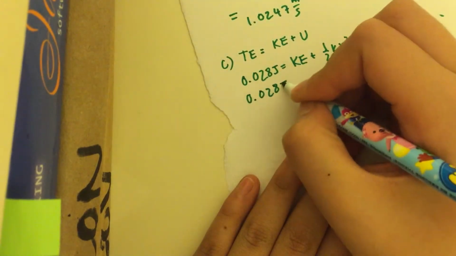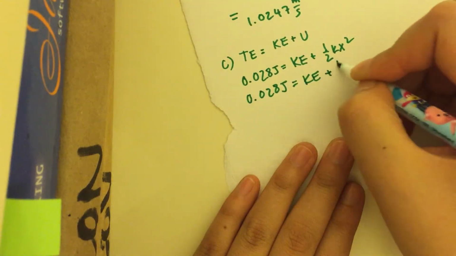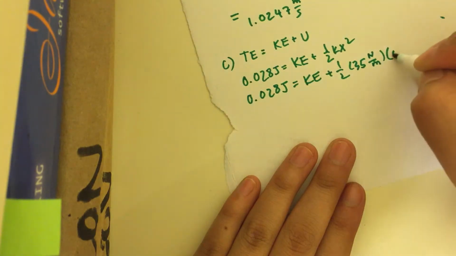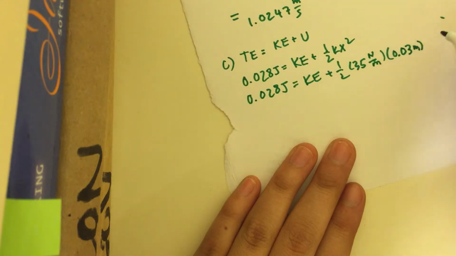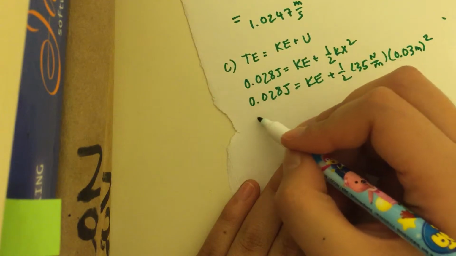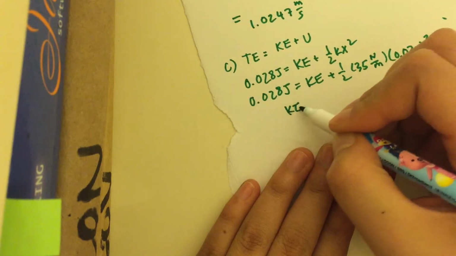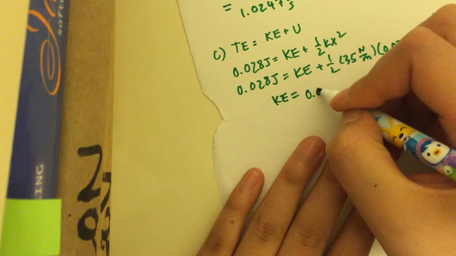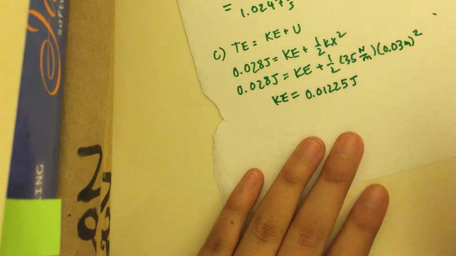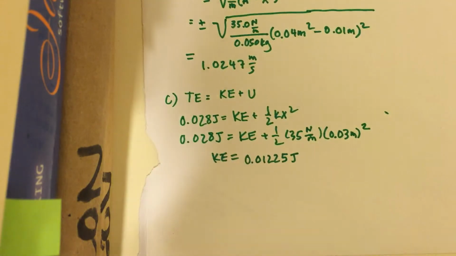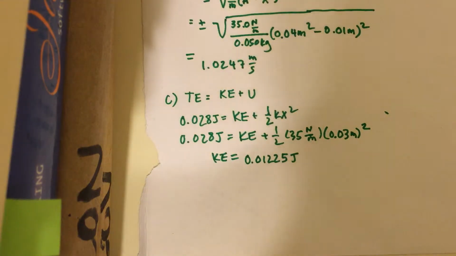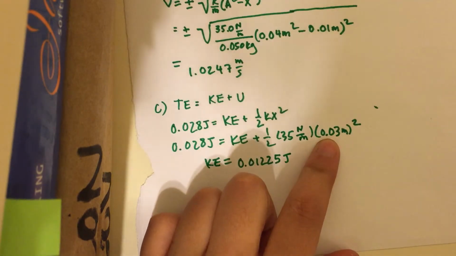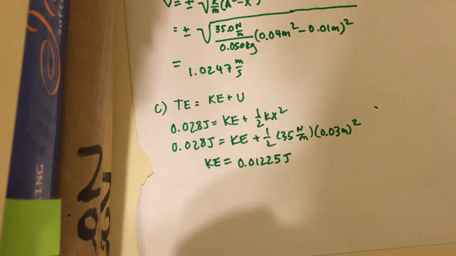So then you fill in all your variables again. And this is because C asks you to find the kinetic energy when the position is at 3 centimeters. So then for the x, you would be marking 0.03 meters.